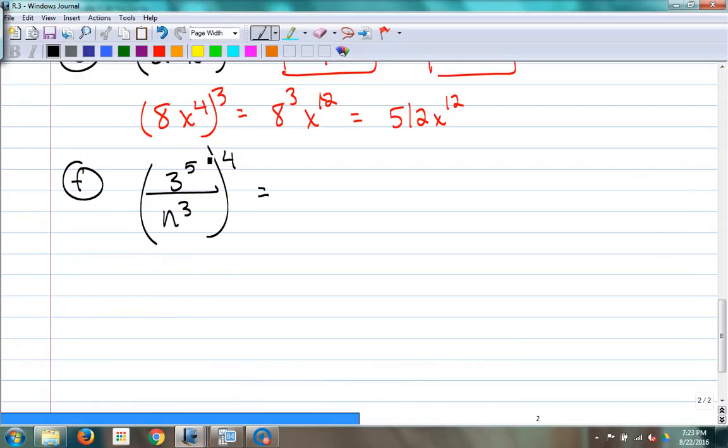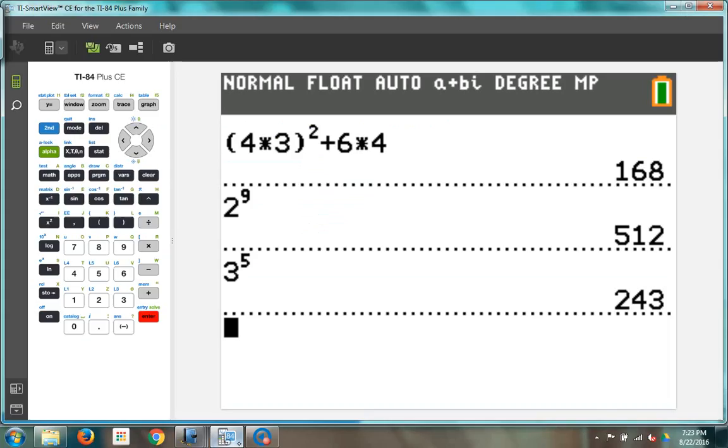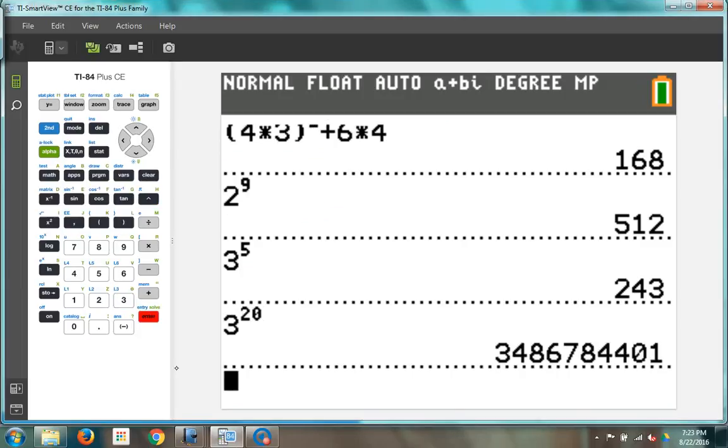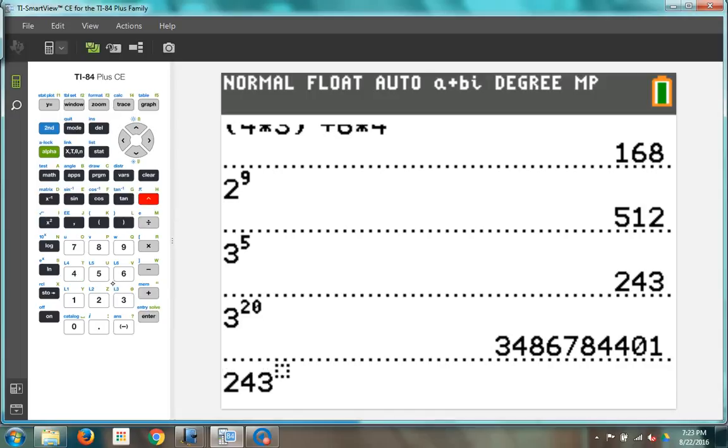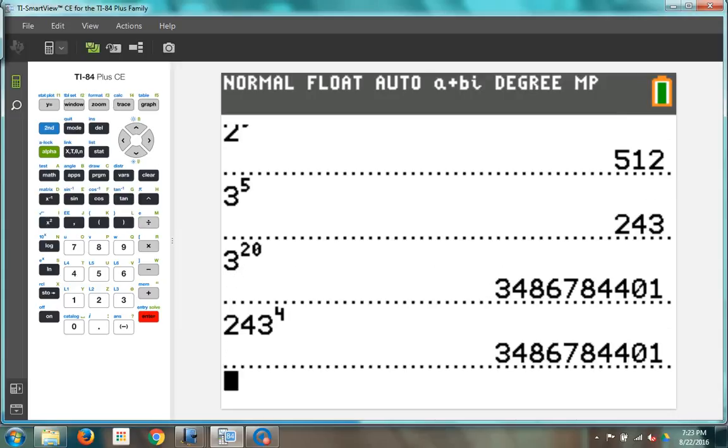Or we could do the exponent rule here and get 3 to the 20th power over n to the 12th power. 3 to the 20th looks like it's going to be a lot bigger than 243, right? 3 raised to the 20th is a really, really large number. If you did 243 raised to the 4th power, it's the same really large number, no matter which one you do.